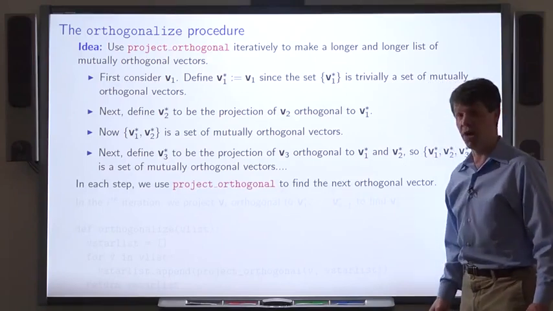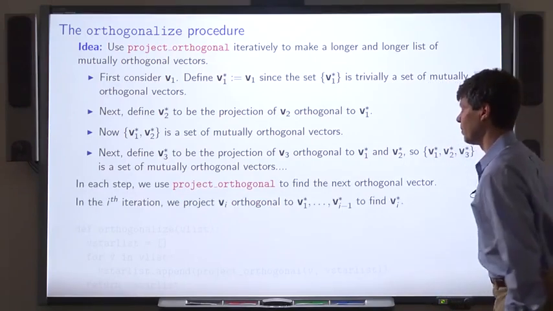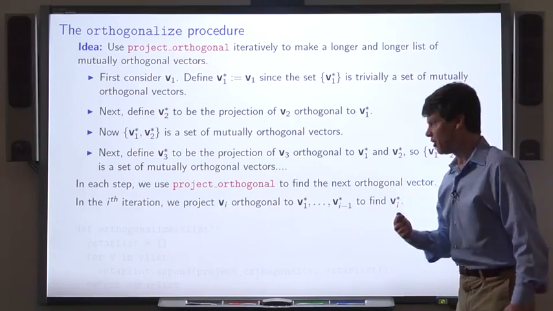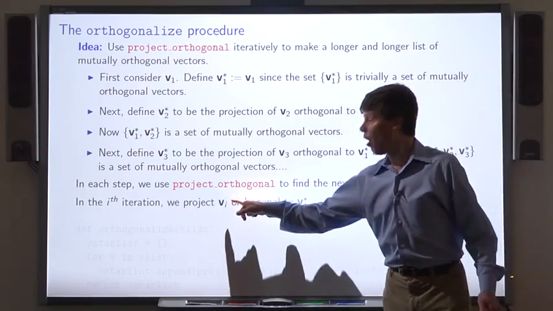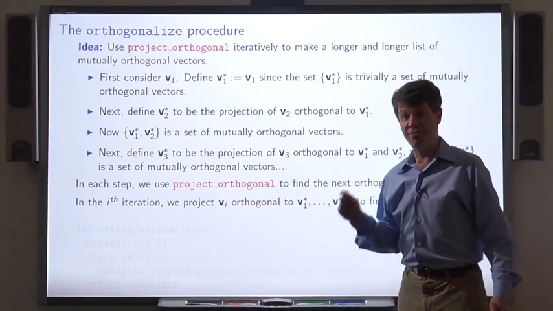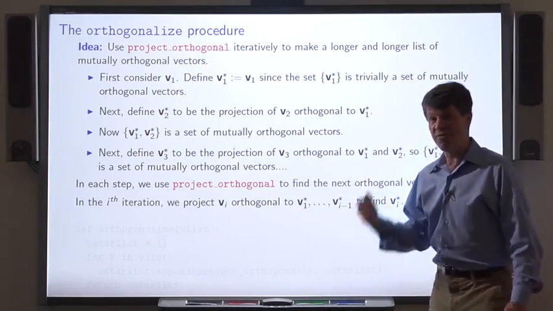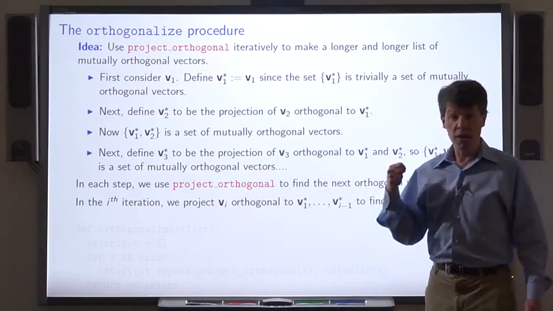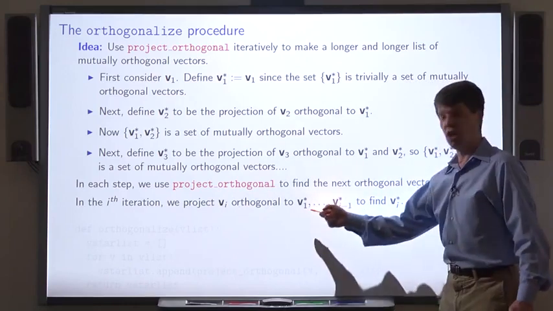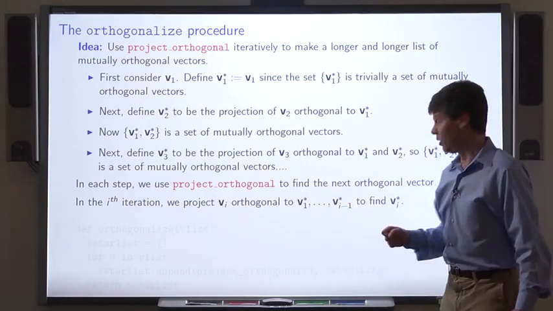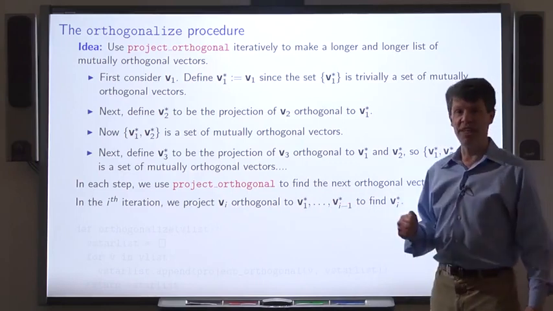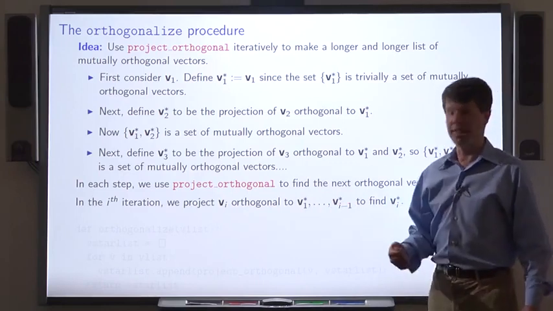And we can use project_orthogonal for that. So in the ith iteration, we project the ith vector in v-list, vi, orthogonal to the i-1 vectors that are already in our mutually orthogonal list, v1* through v(i-1)*. And that's how we find vi*. We just add that to the list.